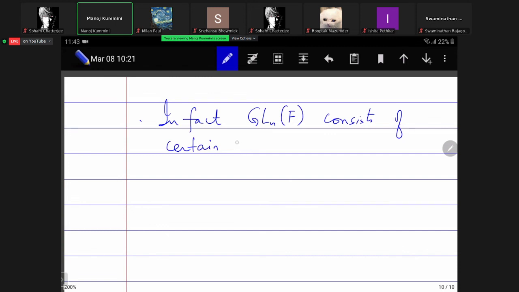I should not use the word special because that may sound like SLn. Certain, that is, satisfying some specific property, which is that these are linear transformations.